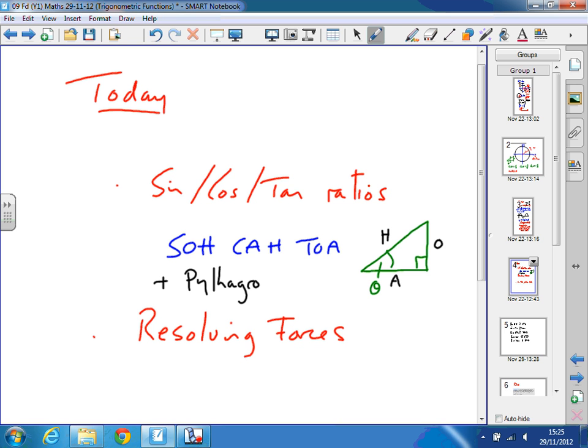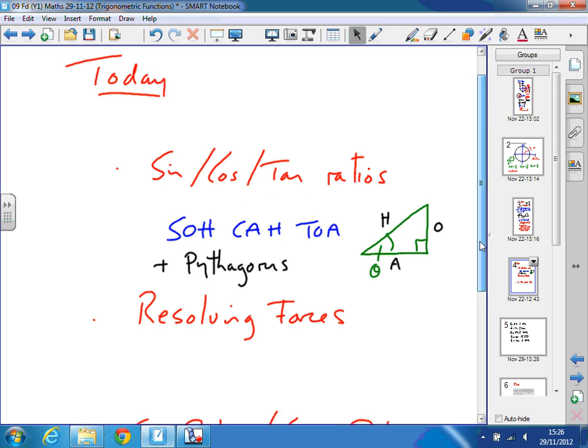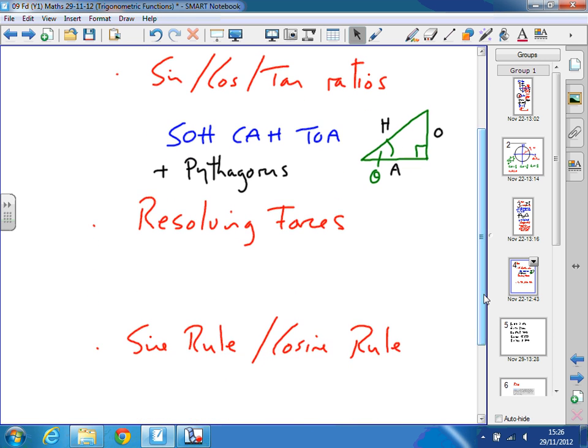So I'll give you a chance to revise that, review it, and I'll point you at the right exercises in the textbook. I then want to look at resolving forces into their vertical and horizontal components, and also finding the resultant.